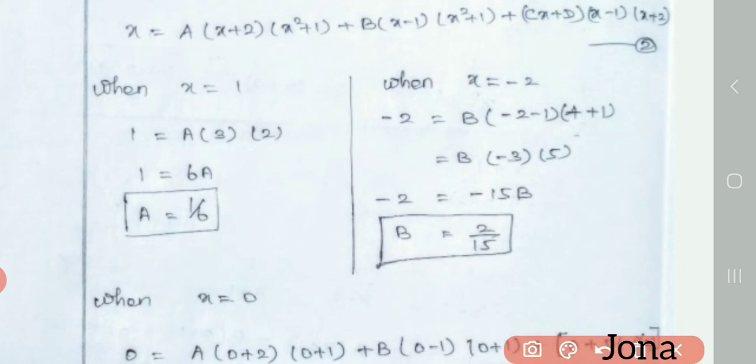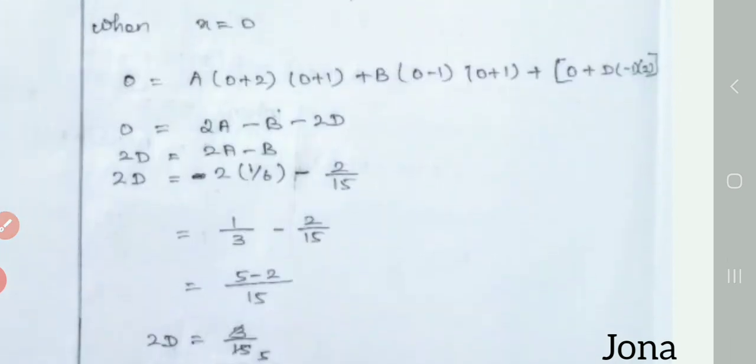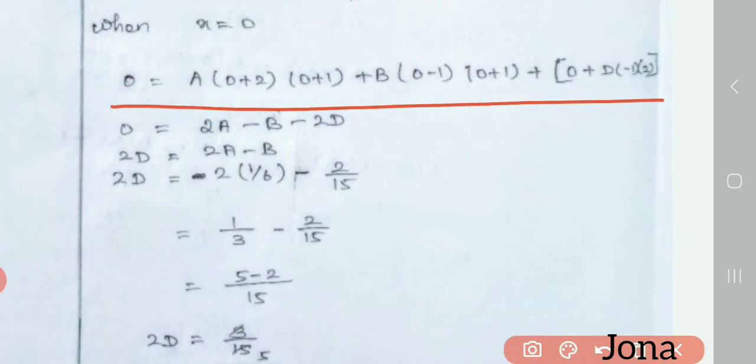Now I got two values, a and b. Next I want to find the values of c and d, isn't it? For this, c and d, I just want to put x equal to 0. Simply put x equal to 0 in that long equation. If you put x equal to 0, you will get like this, 0 equal to like this.